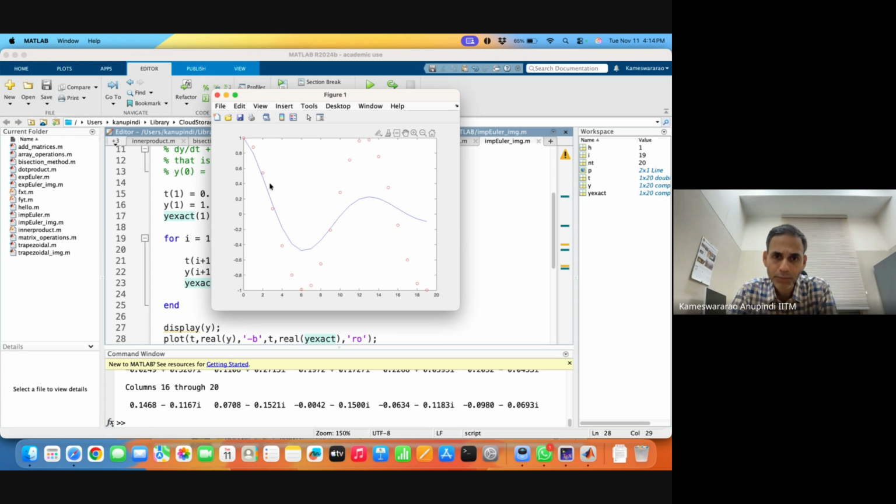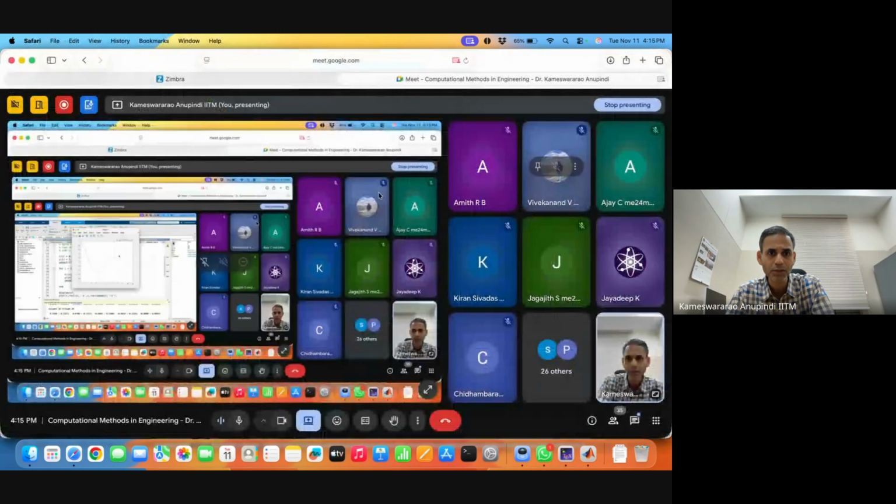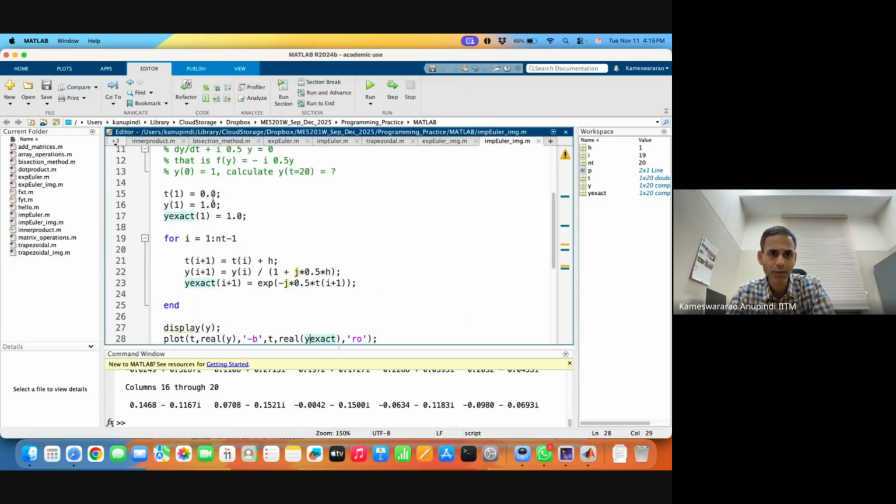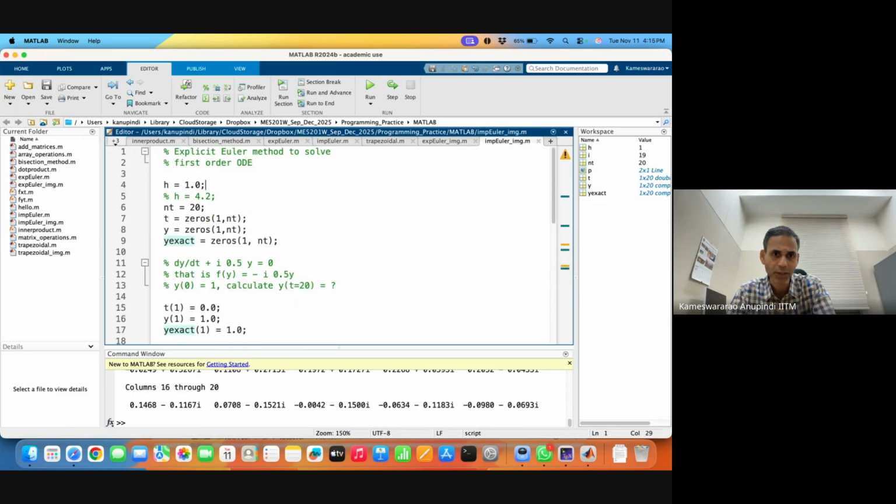As you can see, it is decaying, because of the diffusion that is there. We said it is only first order accurate, so it is decaying, but it is not going to diverge, though it is still not following the exact pattern. So maybe I can try reducing h and see if it's going to be better.